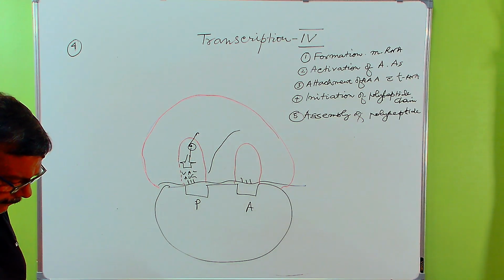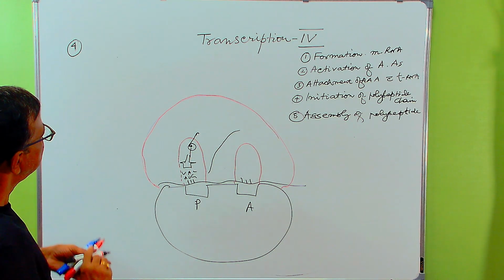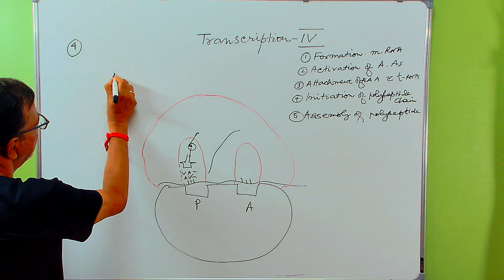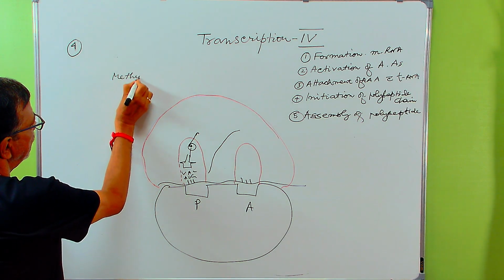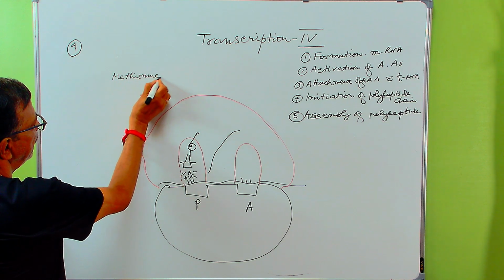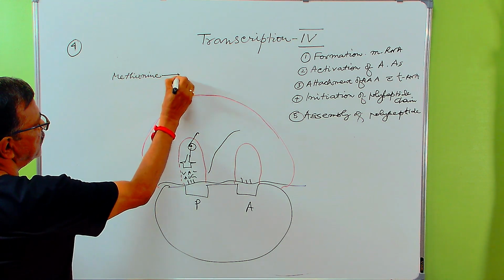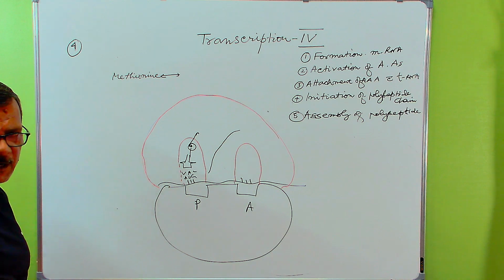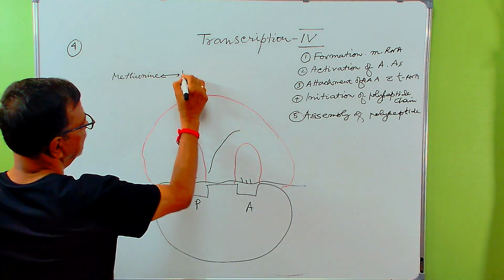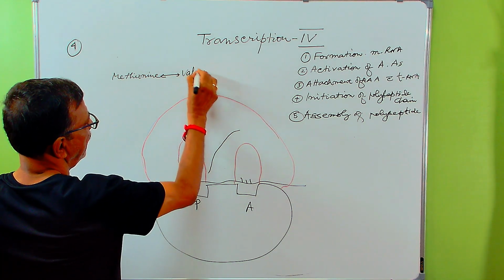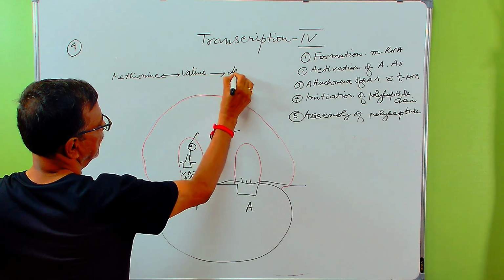This methionine is here. Then it joins with peptide bond with valine, valine with leucine.